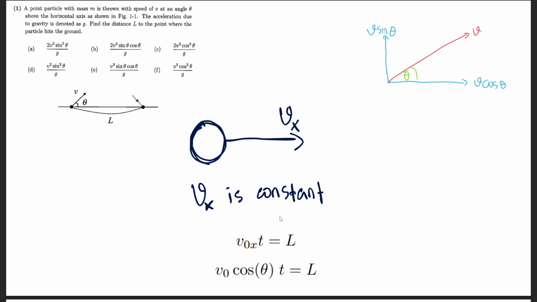Since there is no acceleration, we can use that velocity is just the distance divided by time, and when you write it equal to the distance, it becomes velocity times time t. I'll write v naught here so as not to confuse it with the v in the kinematic equation.